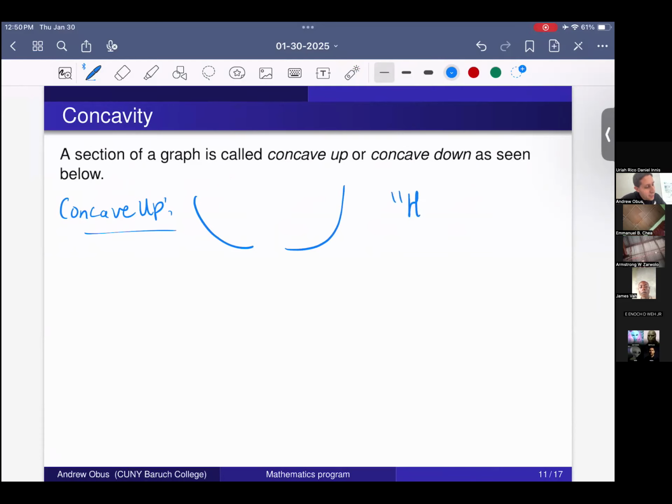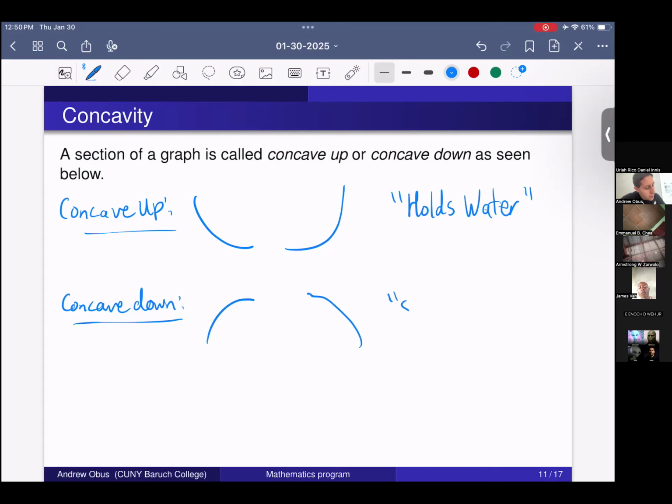You should think of this as holds water. You can imagine water, it's kind of like a cup. Water can sit on top of this. This is what concave up looks like. And concave down looks like this.